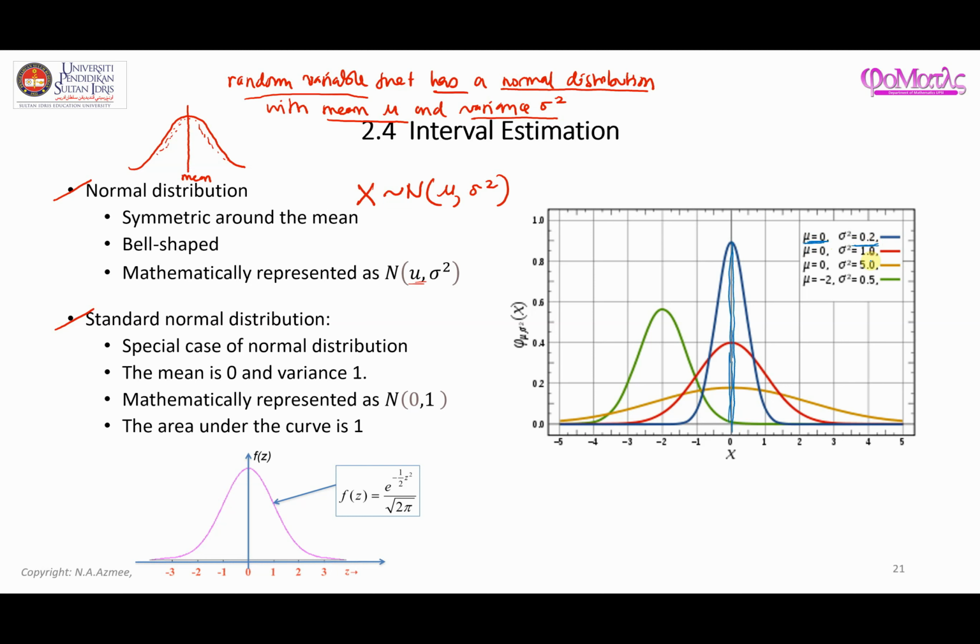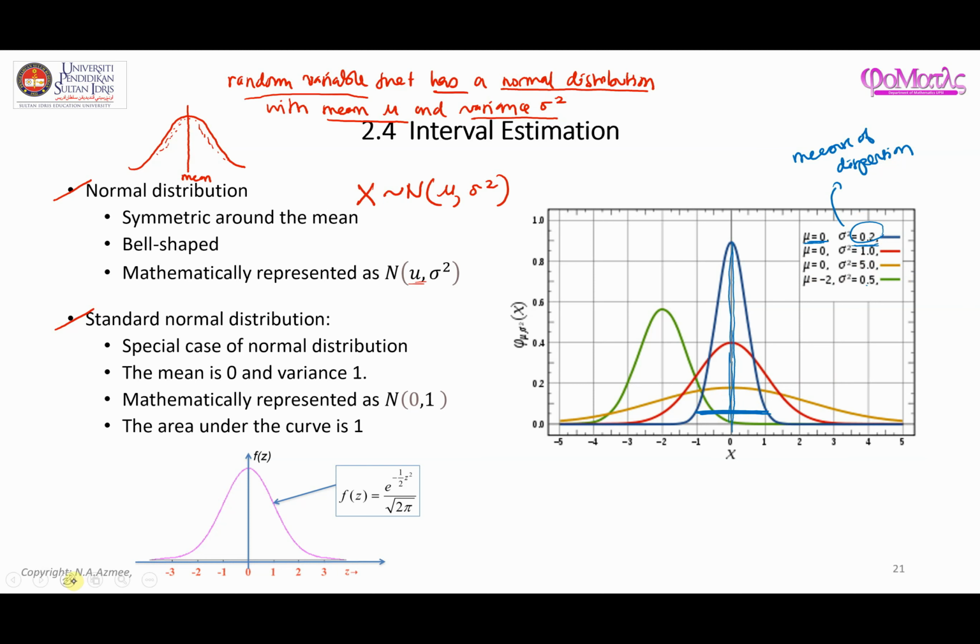If you look at the rest of the values here, 0.2 is the smallest, and therefore, if you don't remember, variance is the measure of dispersion, or in other words, how spread out your data is. In this case, the value is very small, so compared with the rest of the curves, this one will have the smallest spread of data, 0.2.